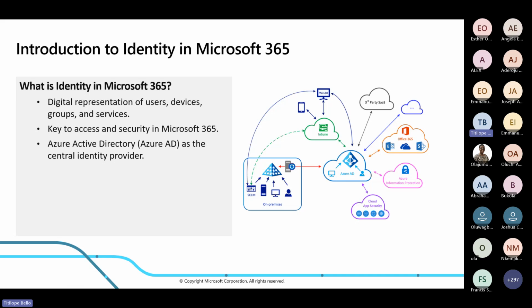Away from the personal account, in the organization, the identity platform or the service that is responsible for managing users, groups and devices is what we call the Microsoft Active Directory. Microsoft Active Directory is a directory service that allows organizations to create users, manage the users, create groups, and create identities for devices like computers, to be able to identify computers on the network.